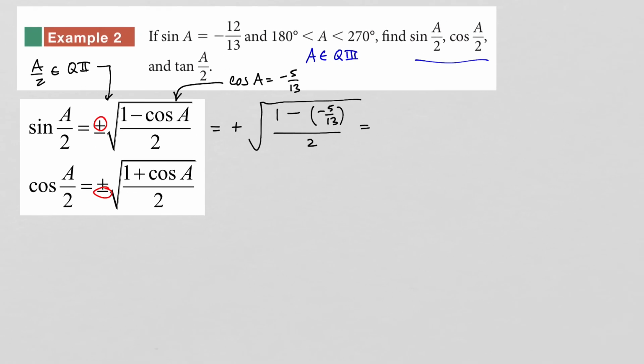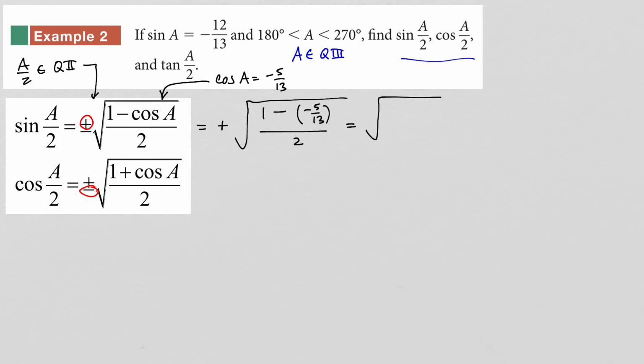And this is equal to the square root of 1 plus 5/13 divided by 2. Now, how do you add 1 and 5/13? Well, you need to get a common denominator, so we can multiply by 13 over 13, and that gives us 13/13 plus 5/13, which is 18/13.